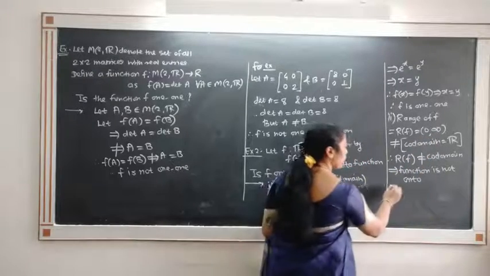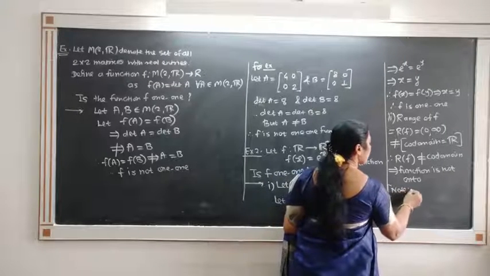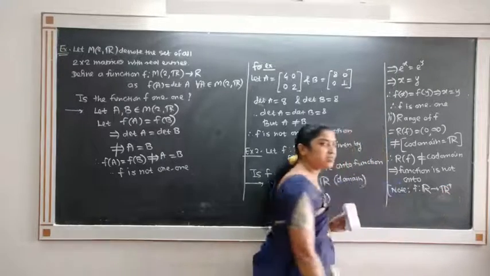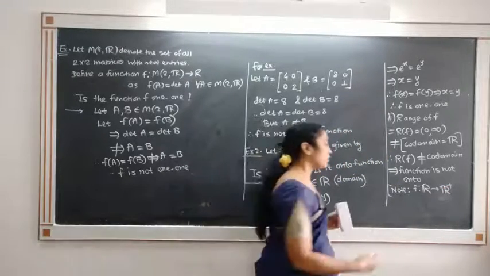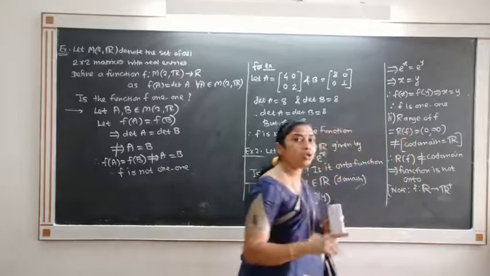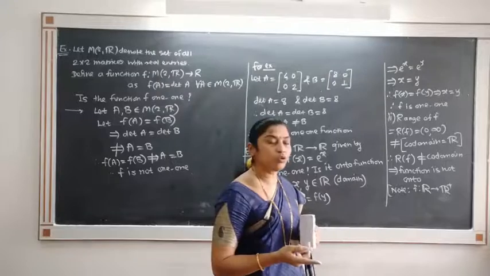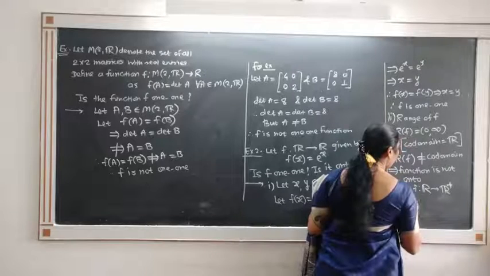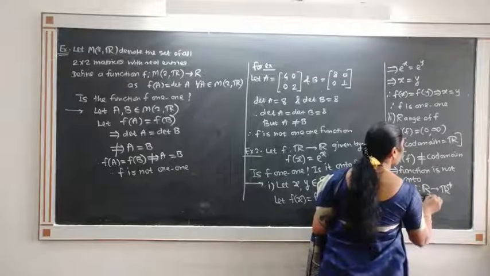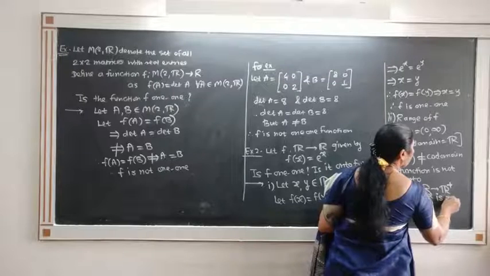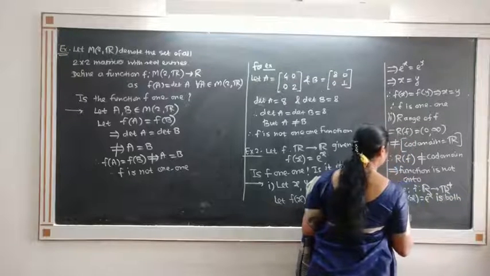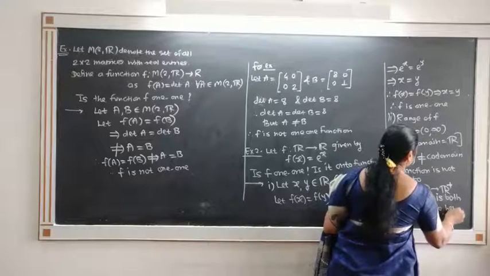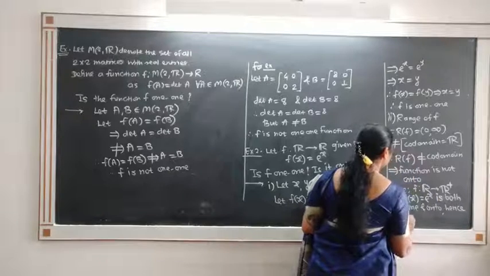So observe that if you take f as a function from R to R plus, that is positive reals, given by f of x is equal to e raised to x, then it is both one-one and onto, and hence it is bijection.